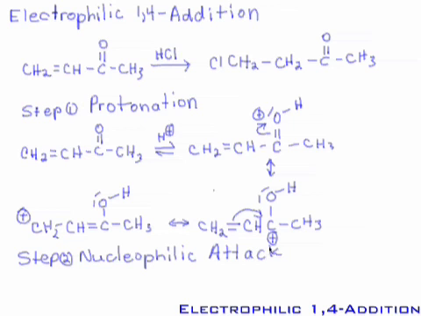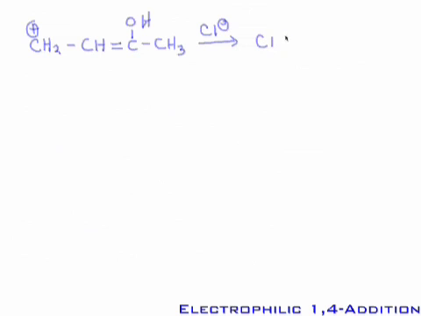All right, so let's take a look at that by examining this resonance contributor first. So if I redraw that contributor, I have a positive here. In the case of HCl, the nucleophile is Cl minus. If Cl minus attacks, you get ClCH2.